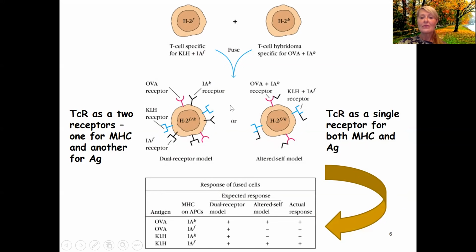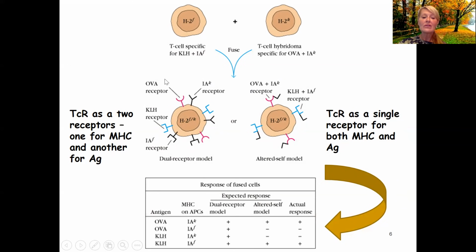And they knew then there were going to be two possibilities. The fused cell would either look like this cell on the left with two separate receptors, or it would look like the cell on the right with a single receptor for MHC and antigen.